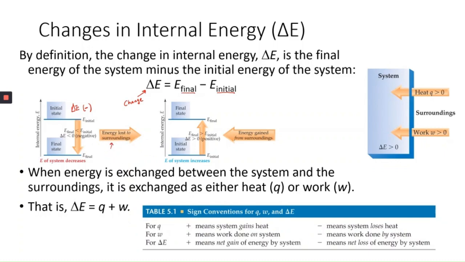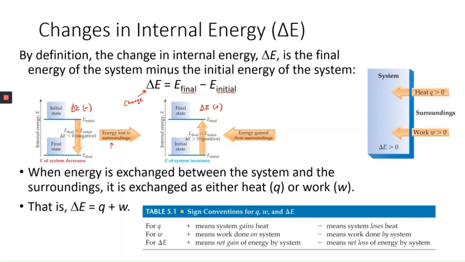Okay. The opposite, my final state, is ending higher than my initial state. So in order for it to change, I had to put energy in. Okay, so energy is being put into the system from the surroundings. So in this case, delta E would be positive. So when energy is exchanged between the system and the surroundings, it's either being exchanged as heat or work.